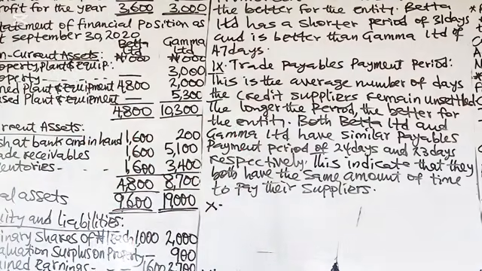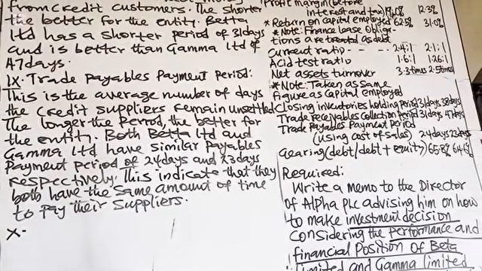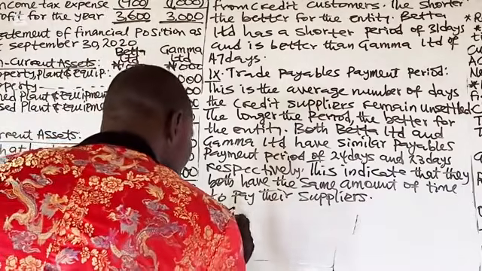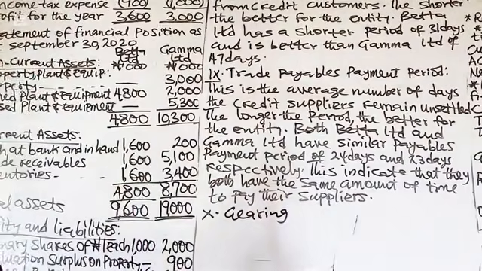The 10th ratio we want to consider is the gearing. Number 10, we have gearing ratio.